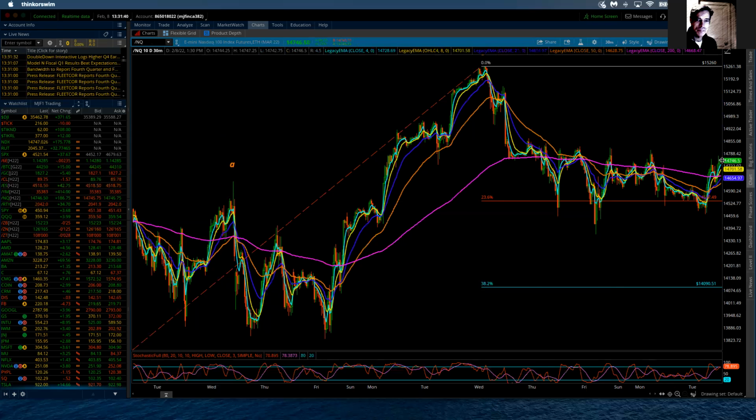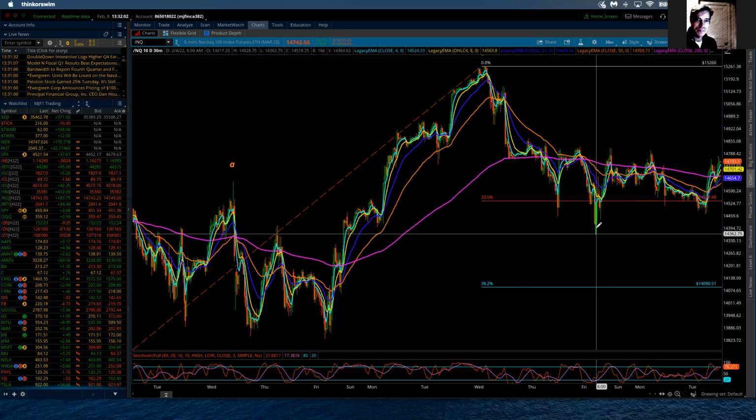As I have been discussing, the choices for the NASDAQ right now are that it's going to start to accelerate lower in wave 3 of C, or it's going to accelerate higher again in wave C, but of 2.